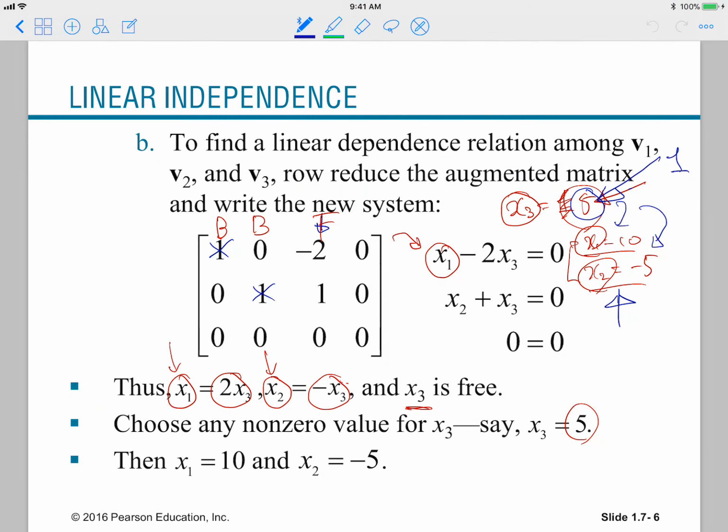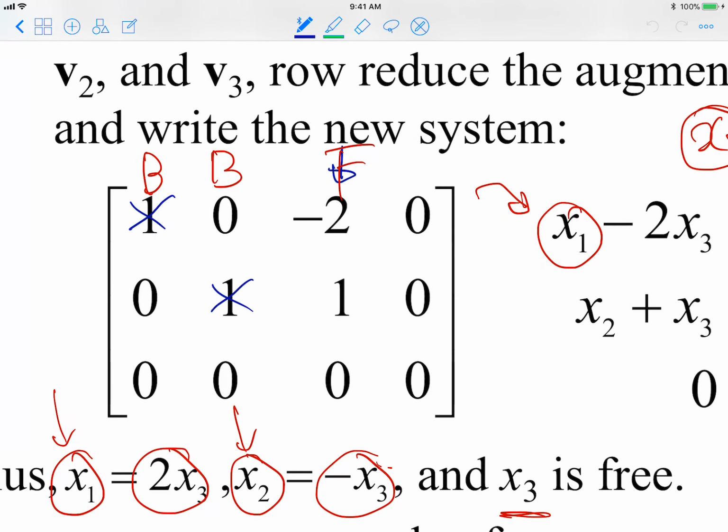So in this case our third vector corresponds to this third variable, and this third variable didn't have any pivots in this column, right? So yeah, this third vector in this case actually corresponds to our free variable, okay?